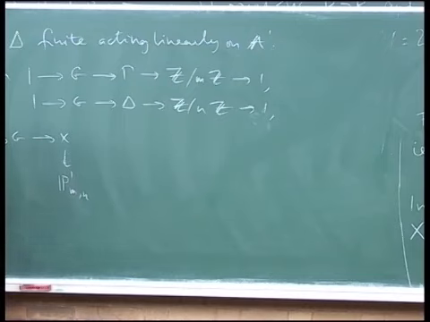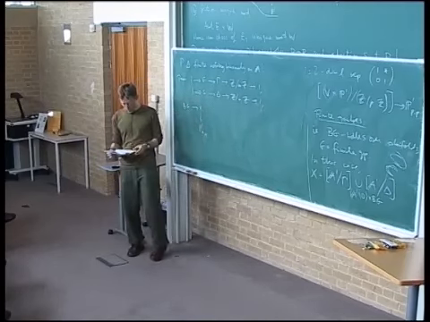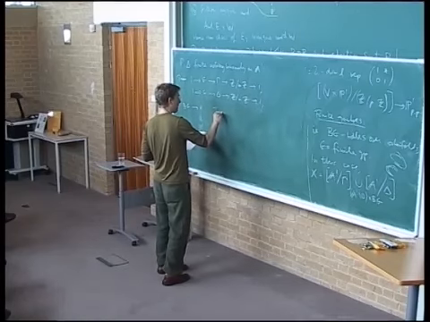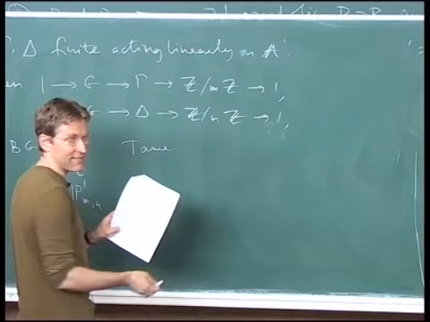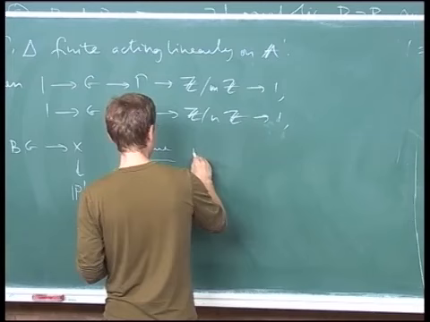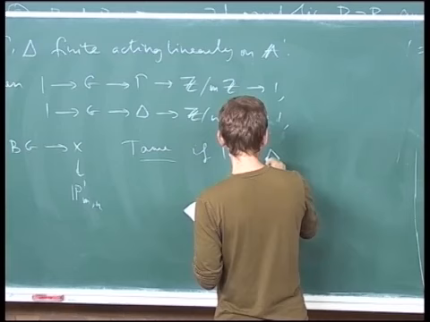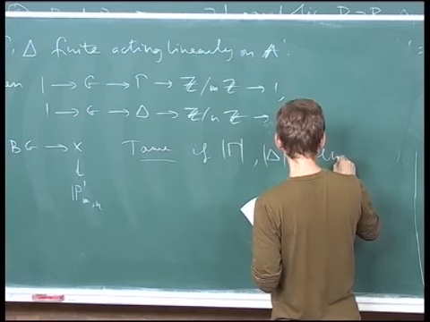You might ask, well, what about the band? It turns out in this setting, the band is always trivial. Actually, no, not in this. Sorry, I'll say that again later when it becomes true. Anyway, we'll say that this is tame if the orders of these groups are both prime to the characteristic.